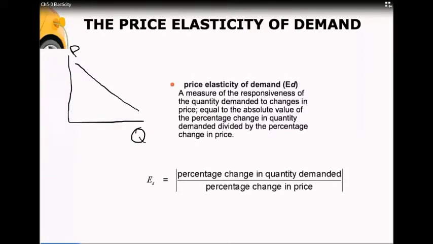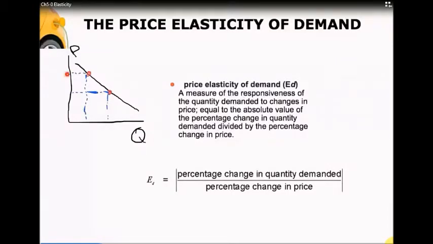So when we look at the price elasticity of demand, the way we're going to calculate it is we'll take the percentage change in the quantity demanded and divide it by the percentage change in price. So if we look at 2 points on a demand curve, we can look at what the change in the price is between these 2 points and the change in the quantity between these 2 points.